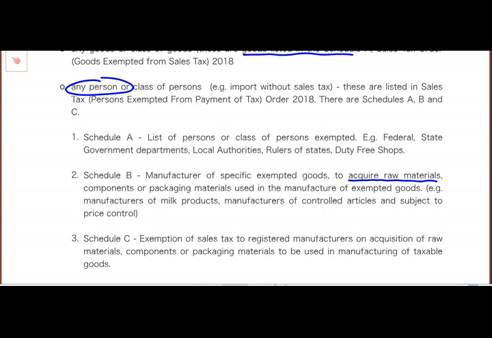That's because you yourself are making exempted goods. I give you some examples of things that you make, like milk product, control items. So the government is basically trying to control prices so that they don't get hiked up because of the sales tax. So they allow you to import or buy things without the sales tax.